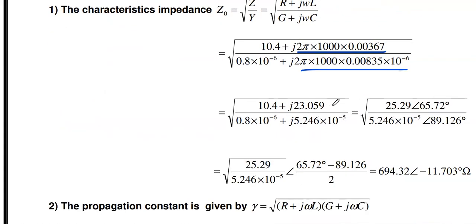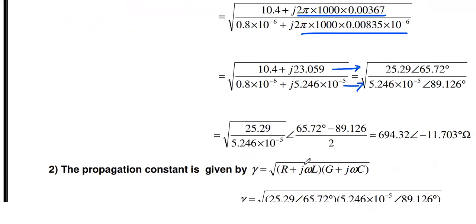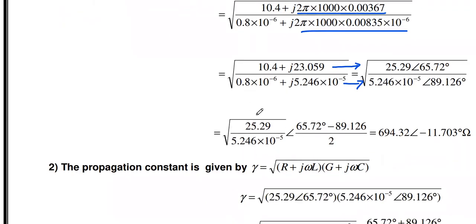Then you convert this rectangular coordinate into polar, and this denominator rectangular into polar. After that, you do the division. The magnitude part you separate and the angle part you do. The answer is 694.32 with angle minus 11.703 degree ohms. So the characteristic impedance is calculated.